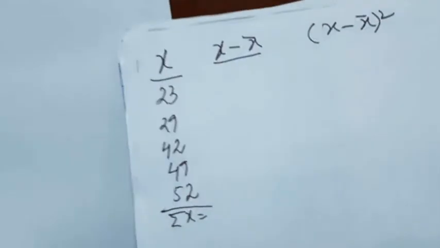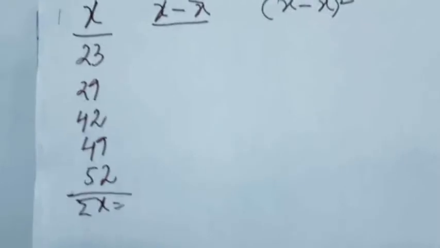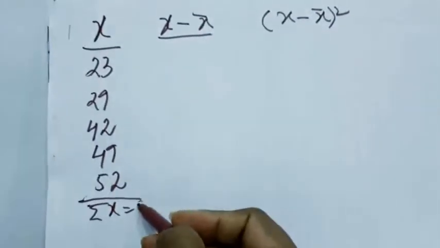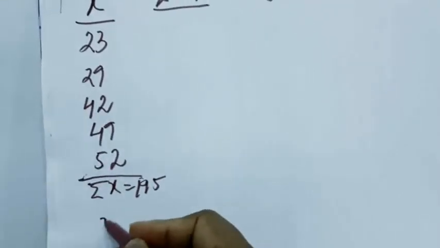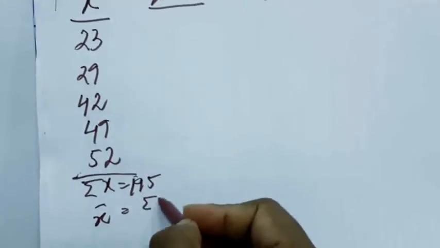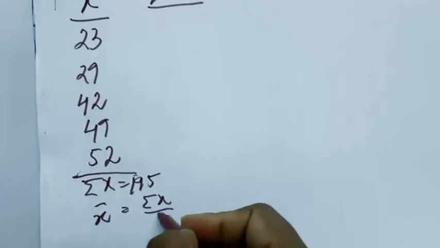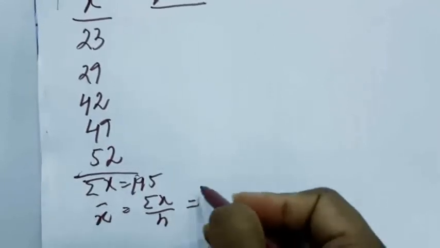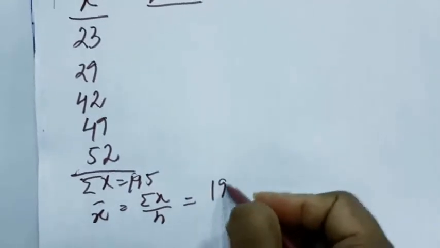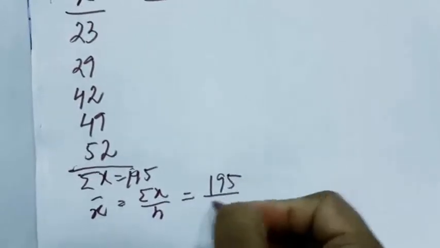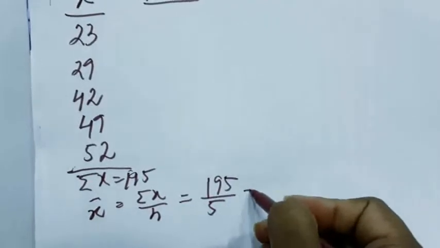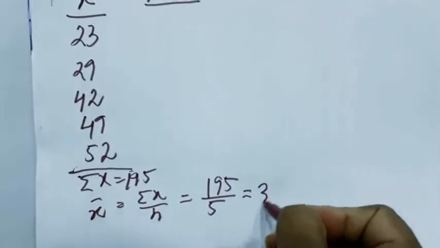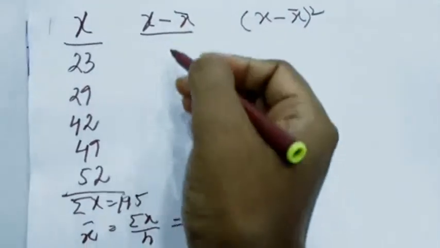You will get 195. Now x bar is what? Sum of x by n. 195 divided by 5 is 39. Okay.